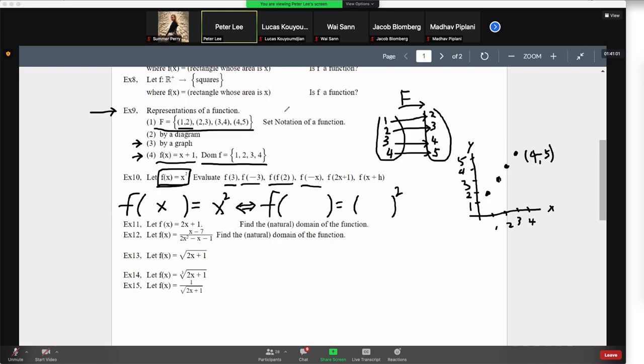Do you see this x here? We want to block this off, so let me put a parenthesis around the x. And then the next thing I'll do is erase the x.